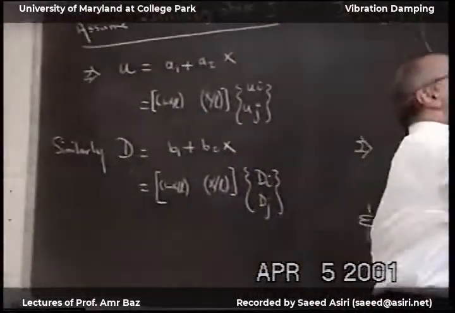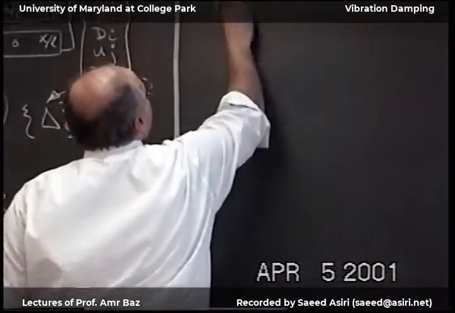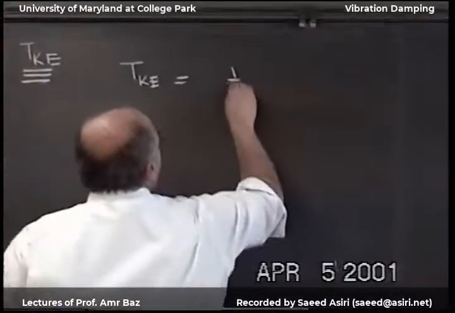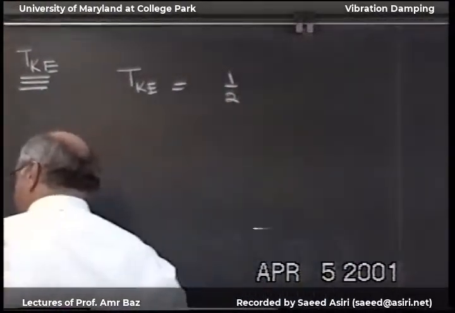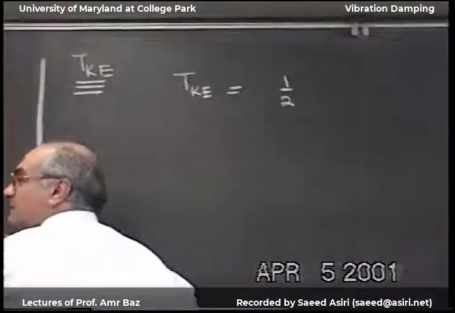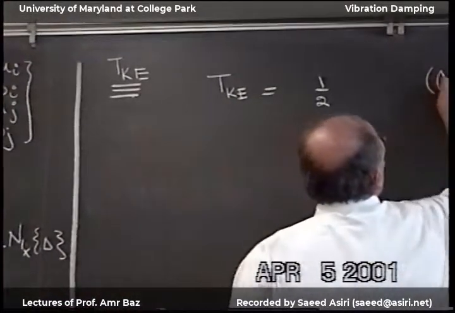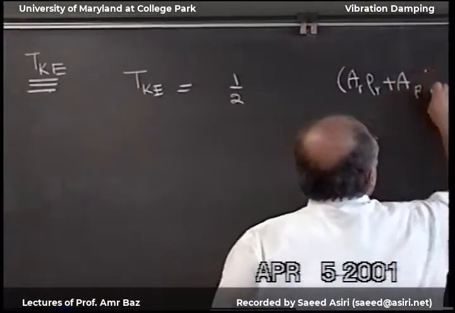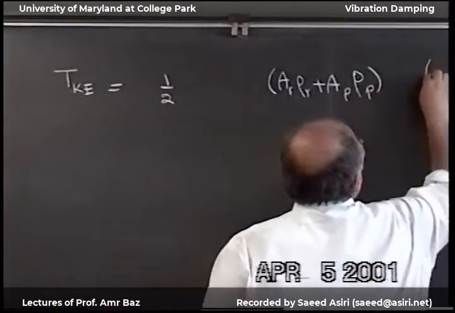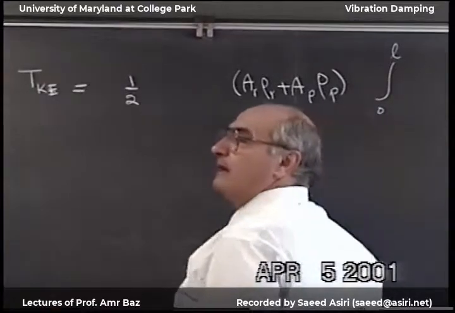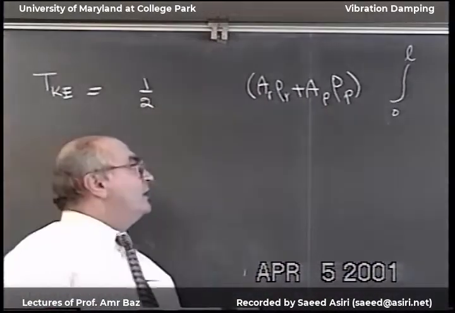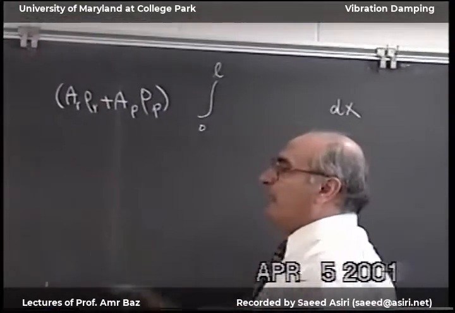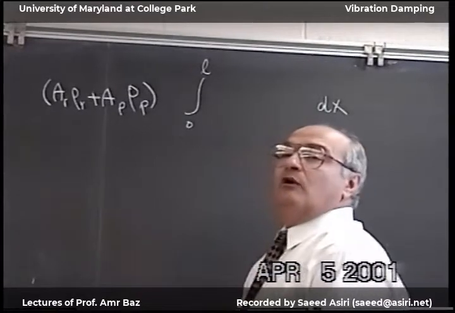So now we look at the kinetic energy. I can write down T, kinetic energy, is equal to 1/2, and then we have these terms, A rod, rho rod, A piezo, rho piezo, and then the integral from 0 to L, dx, and I'm going to take each u dot and replace it by N1 delta dot.